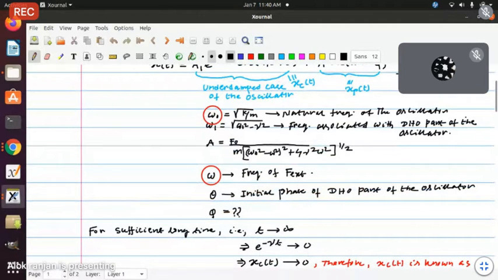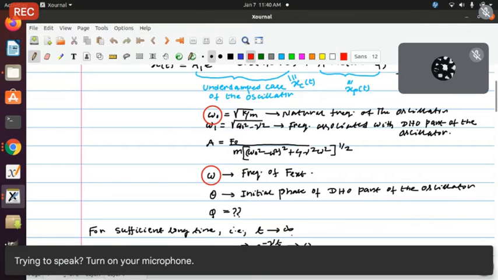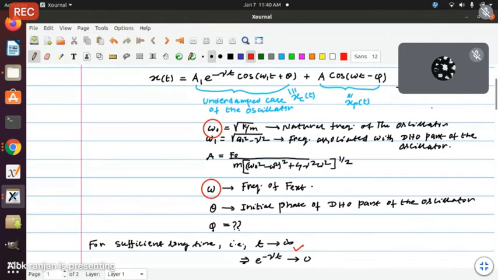You might ask the question, what will happen if we wait a sufficiently long time? When we say sufficiently long time, time is very large, let's say t equal to infinity in mathematical language. When t goes to infinity, what will happen to this part of the solution, e to the power minus gamma t? e to the power minus infinity is 0.